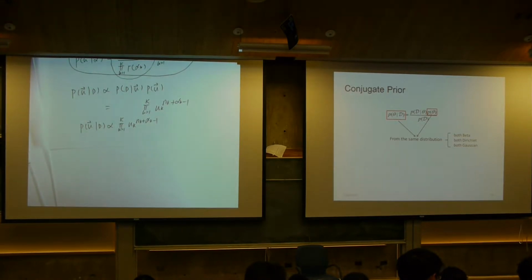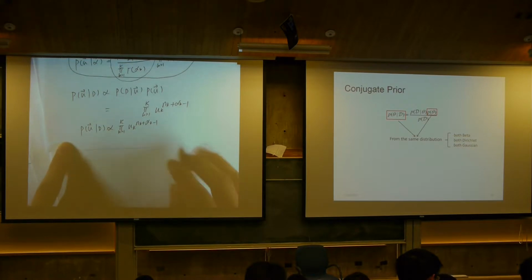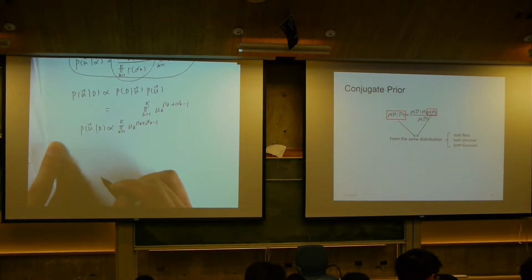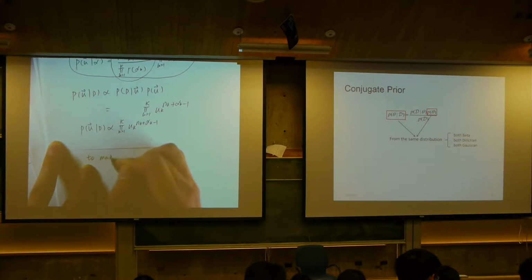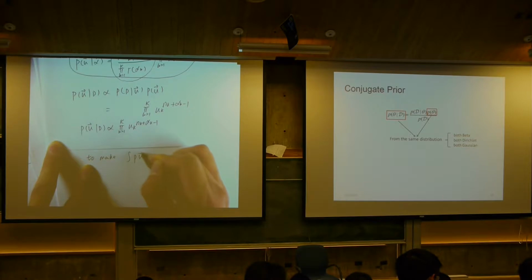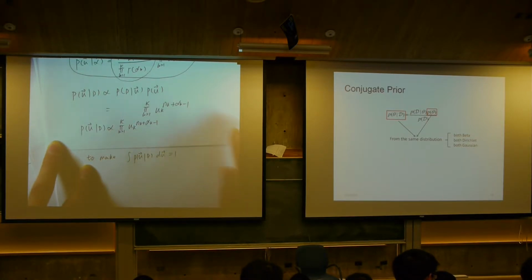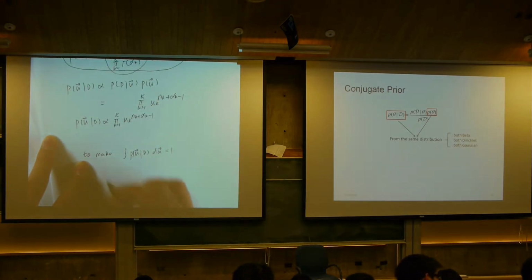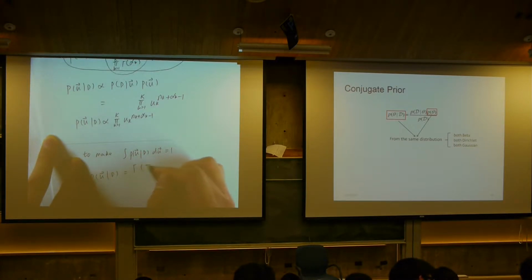To turn this proportion symbol into an equal sign, we need to add a constant to make this probability a valid definition of probability, so that it equals 1. We can add a constant, and the constant turns out to be a gamma function.